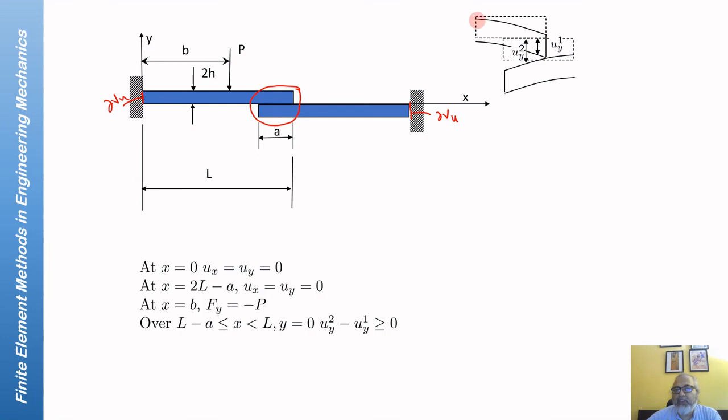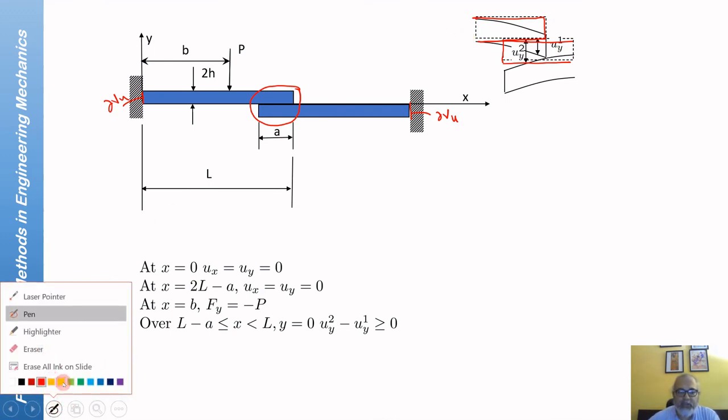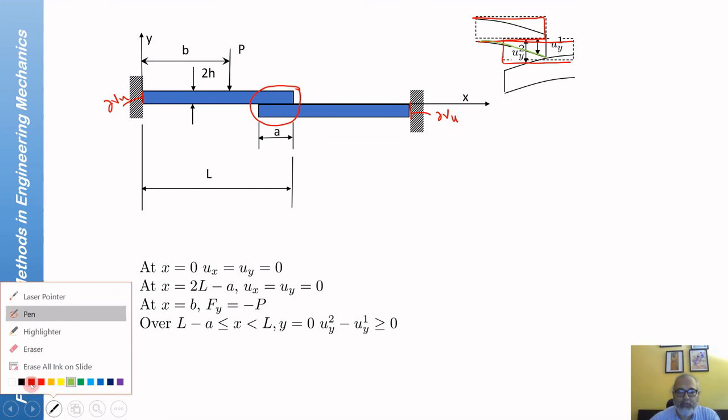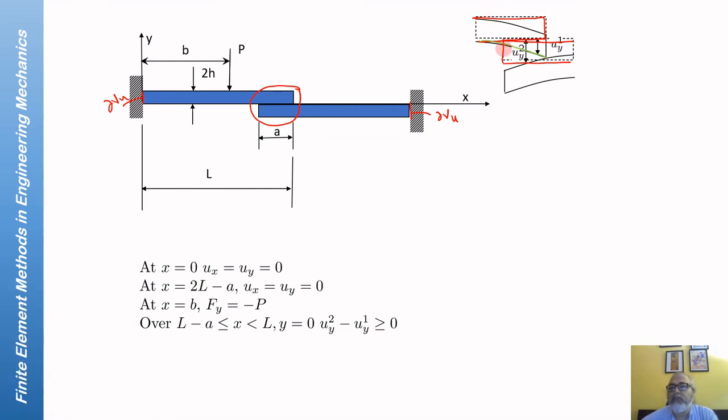So if we take the initial part of this beam, so I'm drawing only this part, and then the initial part of the lower beam, let us assume that the lower surface of the upper beam is this, and the upper surface of the lower beam is this, and they are in contact at this point.